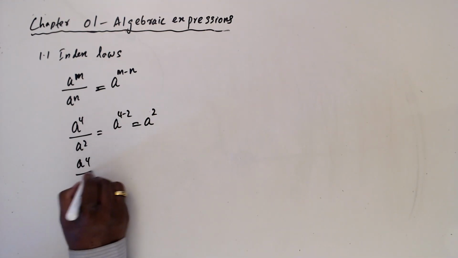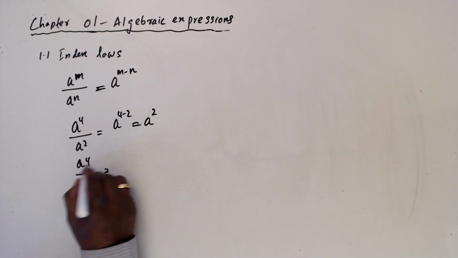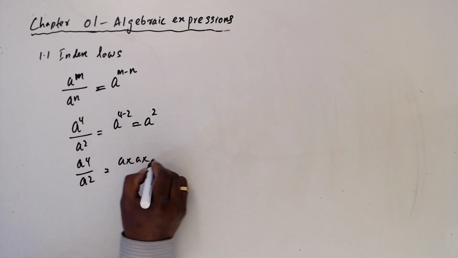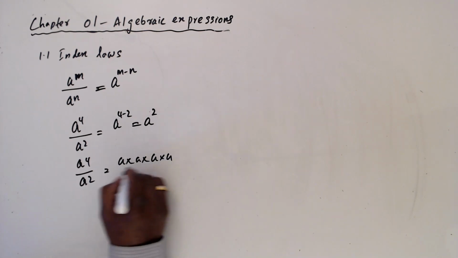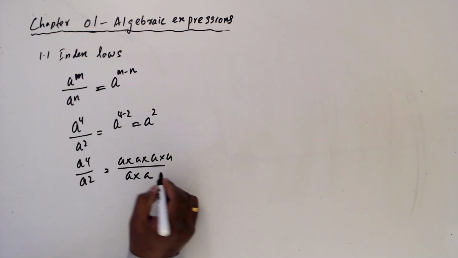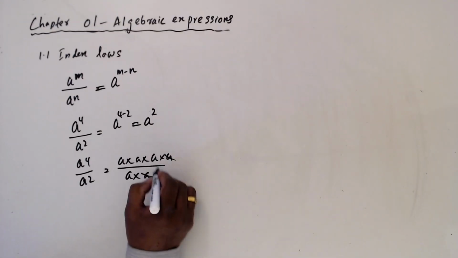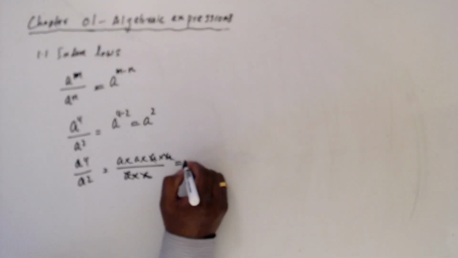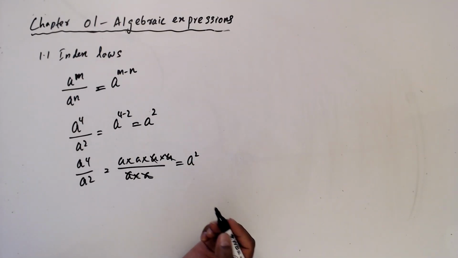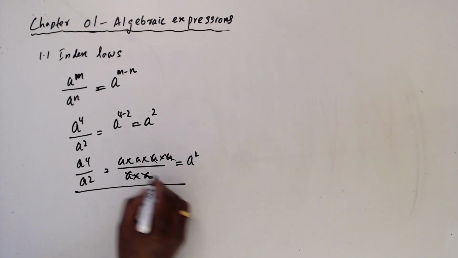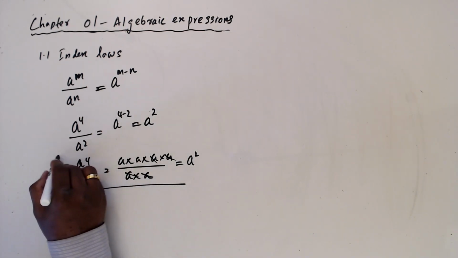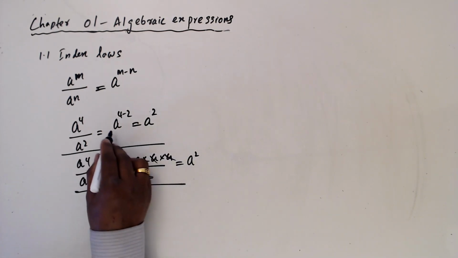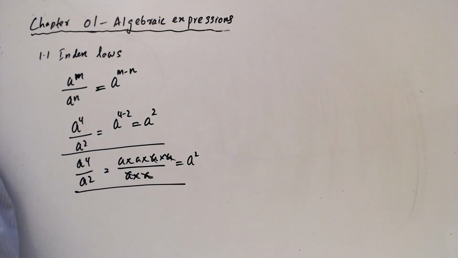If I simplify differently, there are 4 a's on the numerator and 2 a's at the denominator, so we can cancel out those two, and this is going to be a squared. Instead of doing this calculation, by applying this law we can simplify in a short time.